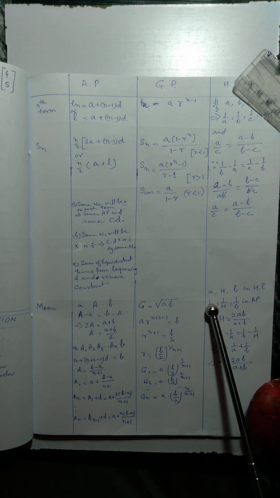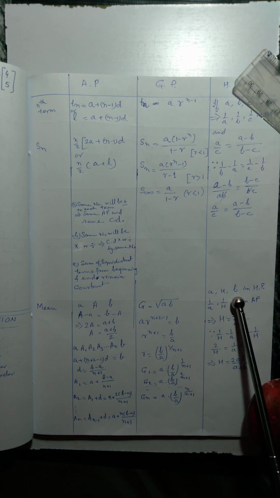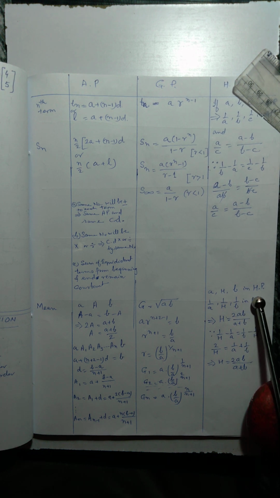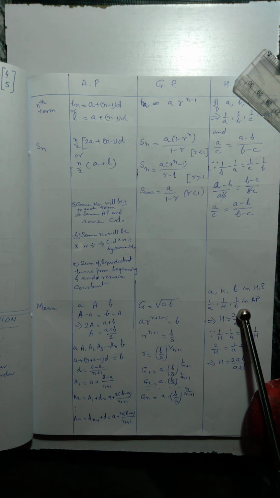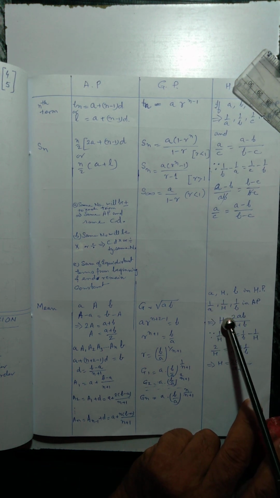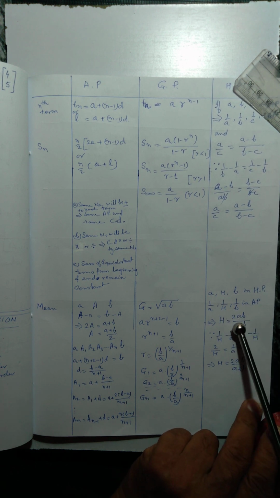Now, suppose we have to find the harmonic mean between the two terms, that is a and b. So a, H, b are in harmonic progression. So the reciprocals will be in arithmetic progression. 1 upon a, 1 upon H, 1 upon b are in arithmetic progression.